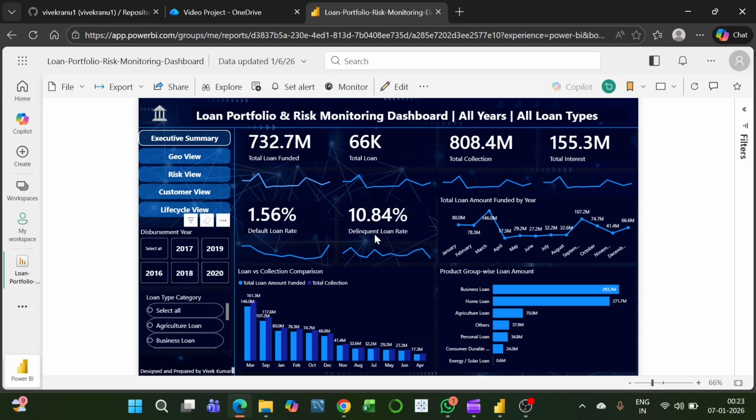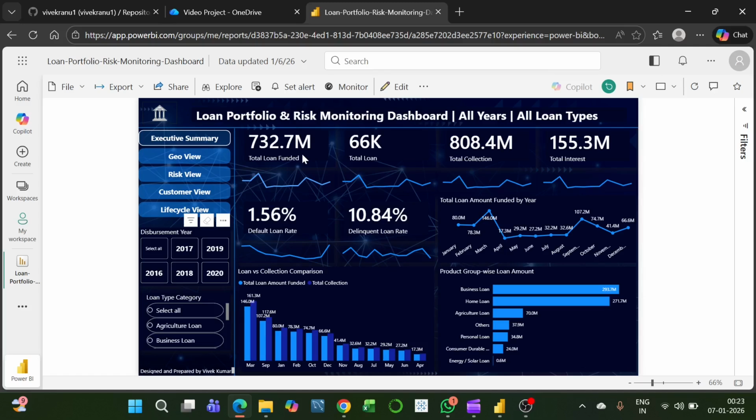The most important insight here is that total collections exceeded total loan disbursement. The total collection is 808.4 million, and the bank lent 732.7 million, which indicates strong recovery performance overall.